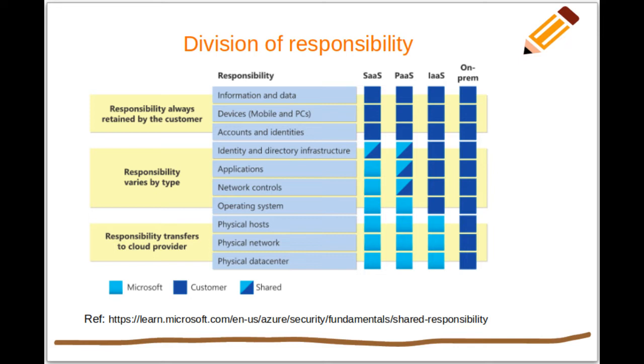Next is the PaaS offering. So this requires a little less user management. The cloud provider manages the operating system on behalf of the user and exposes services that use this underlying operating system compute facility and provide these compute services to the end user.